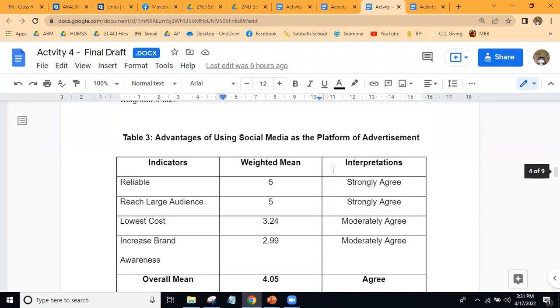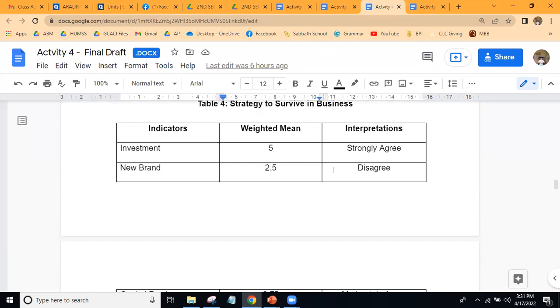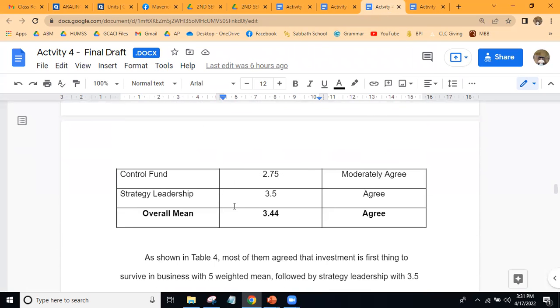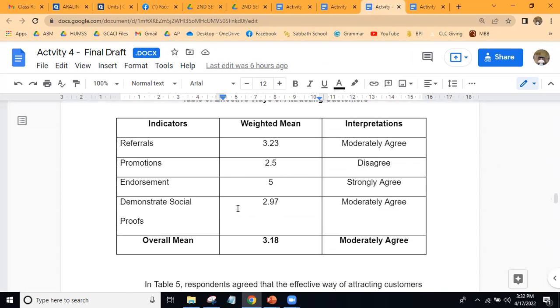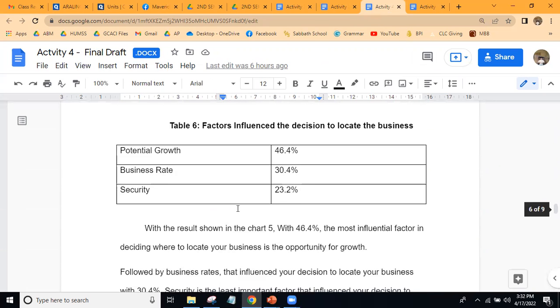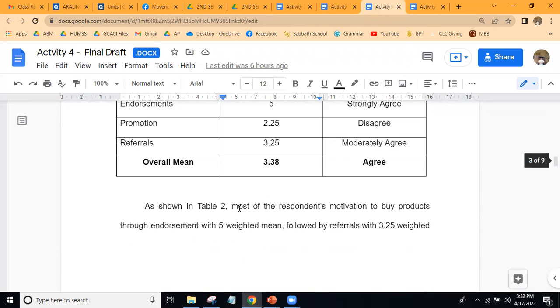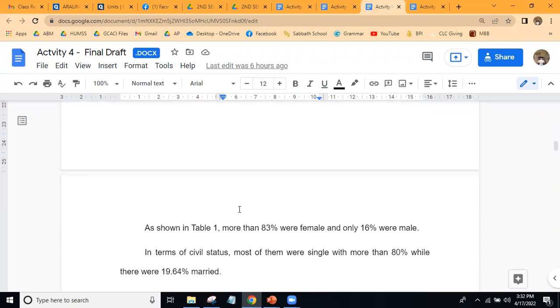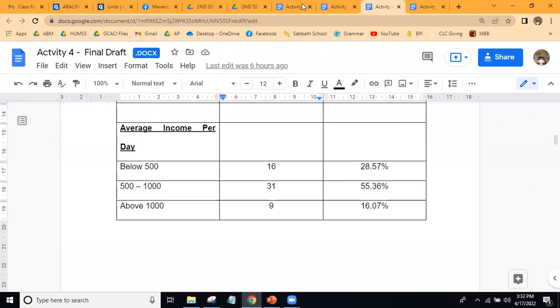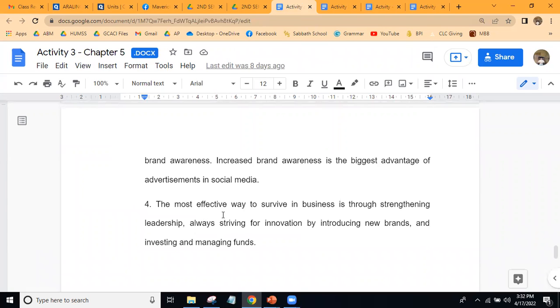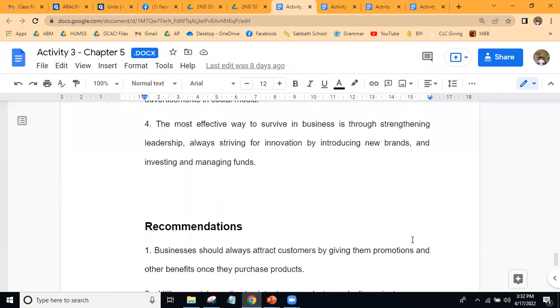No, let's see nga. Strengthening leadership. Oh, where is it? Okay, hold on. Mukhang ipapahiya ako ng research na ito. Let me go back. The most effective way to survive business is through strengthening leadership, always striving for innovation by introducing new brands and investing in managing funds.